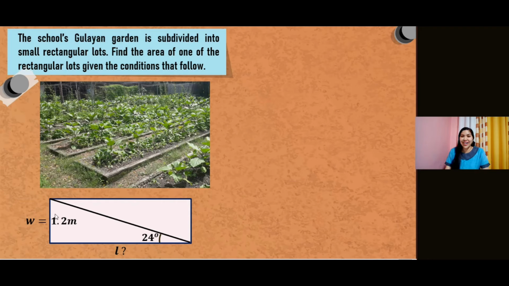This is your opposite, and this one is your adjacent. You're given the opposite and you're looking for the adjacent. What ratio is applicable: sine, cosine, or tangent? This time, this is the tangent ratio.